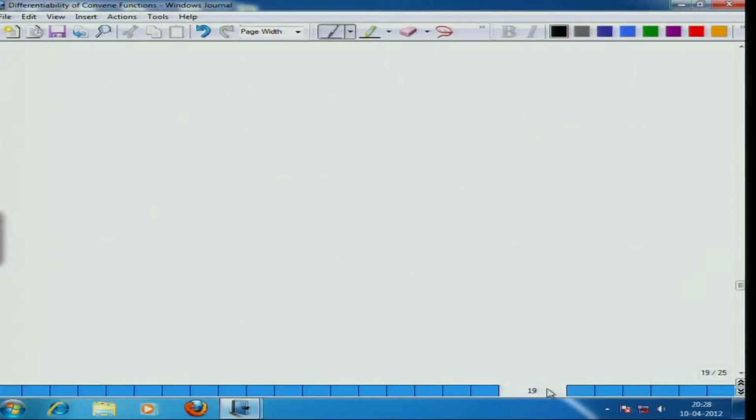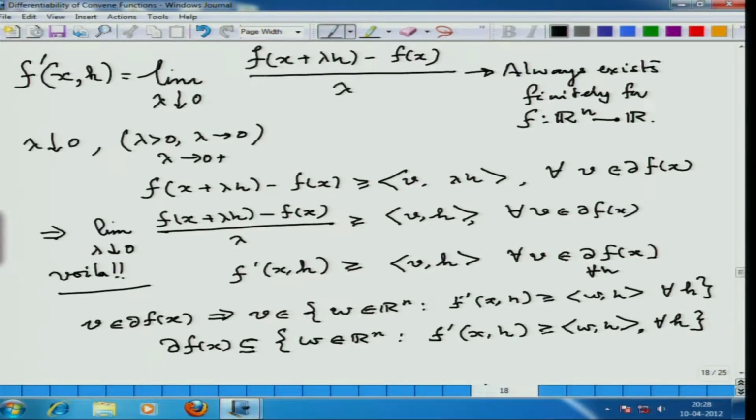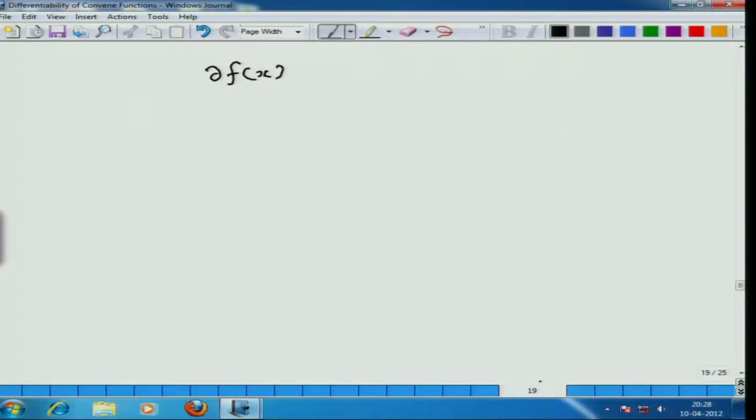So, the next question is what is the converse? The whole idea is to parallel the differentiable case. So, I had this one. My question is when will I reverse it? When will that be a subset?